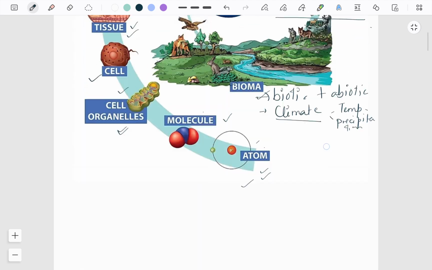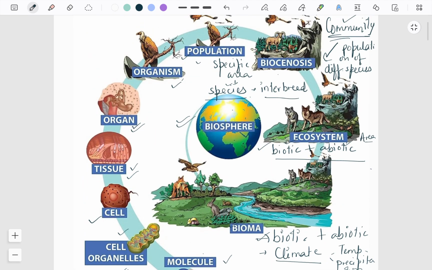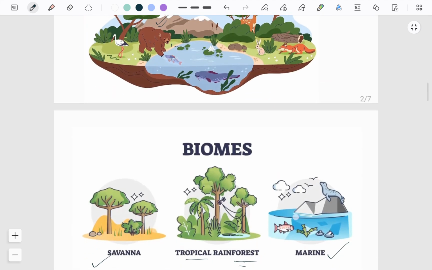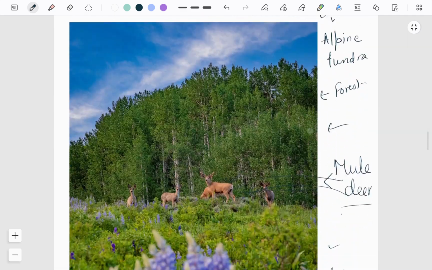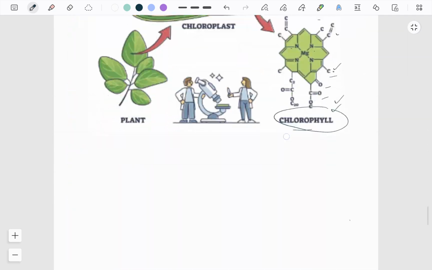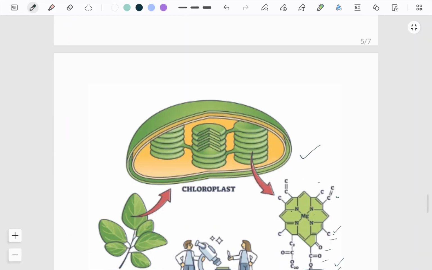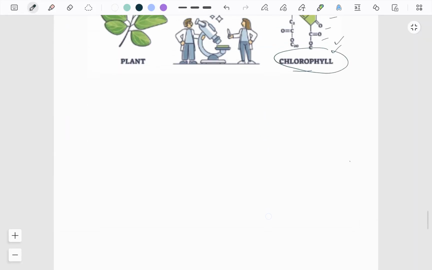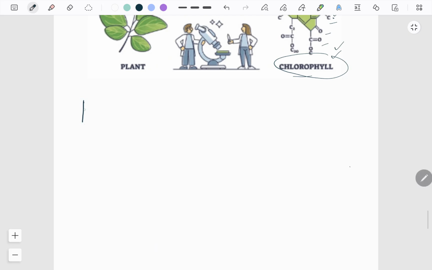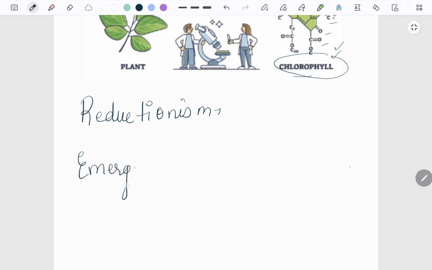Okay, so we saw the different levels of biological organization. Now I'll tell you some concepts, right? I gave you the example of this North American mountain meadow also. I will tell you something called reductionism, and I'll tell you something called emergent properties.